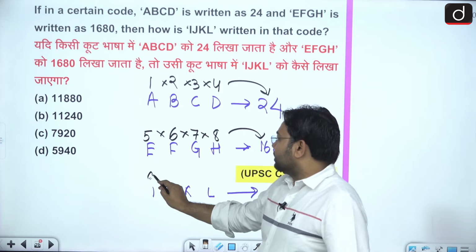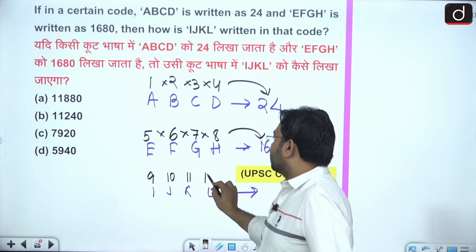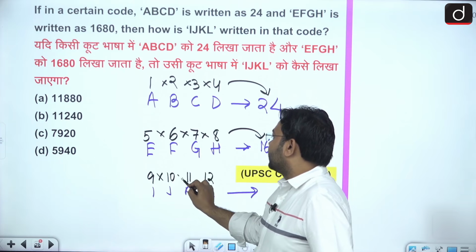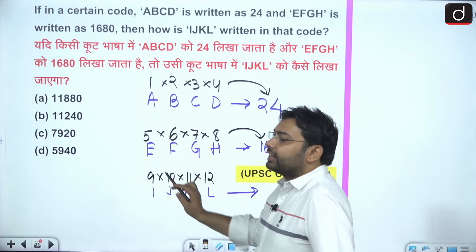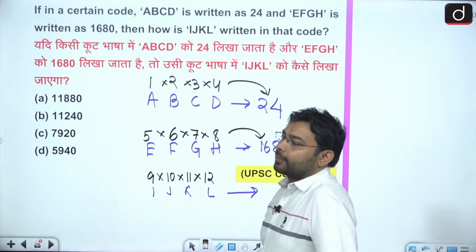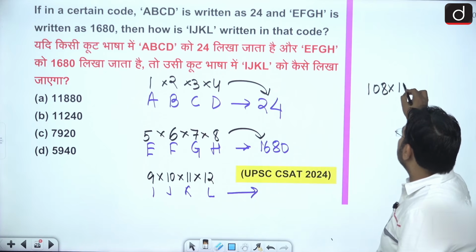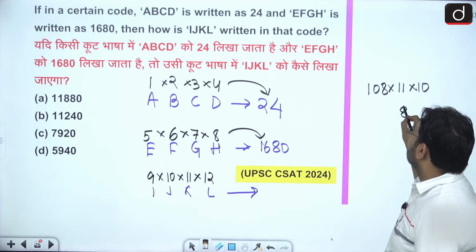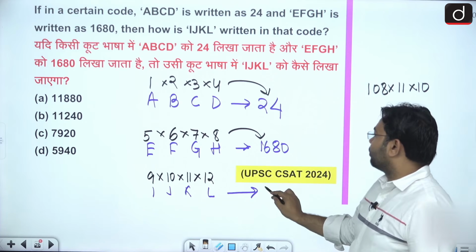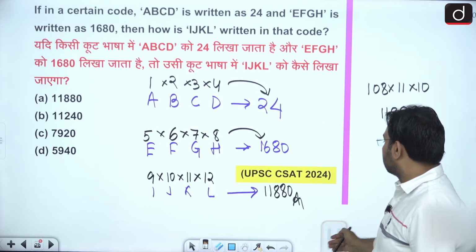I is 9, J is 10, K is 11, L is 12. So 9 into 10 into 11 into 12. 12 into 9 is 108. 108 into 11 into 10. So 108 into 11 is 1188, and the answer is 11880.